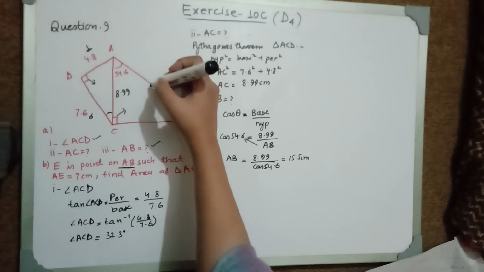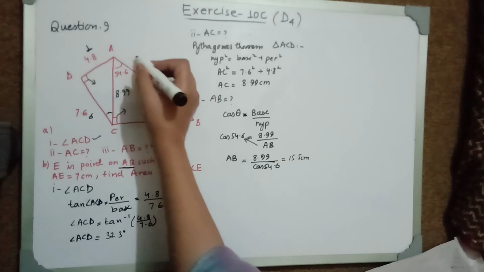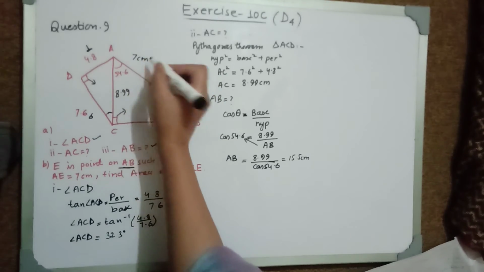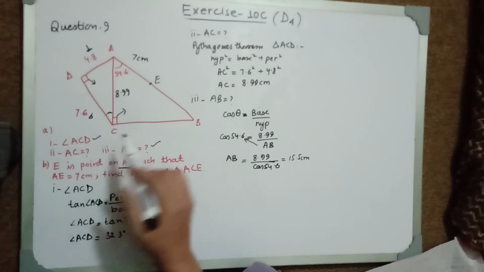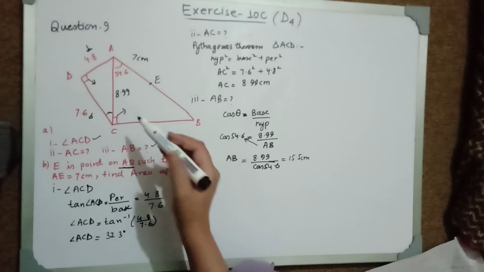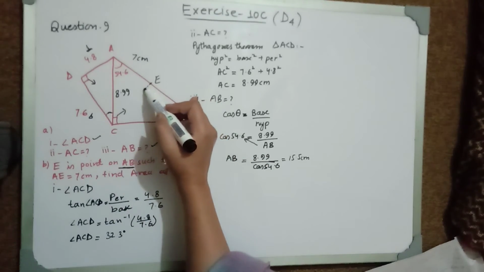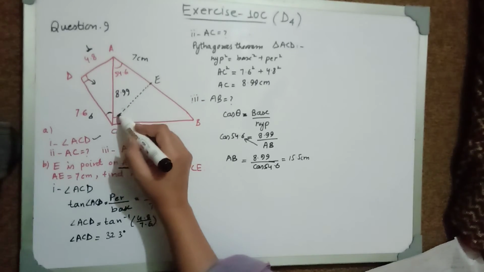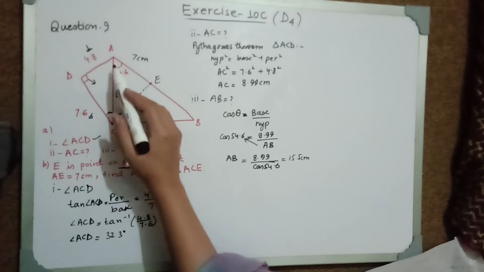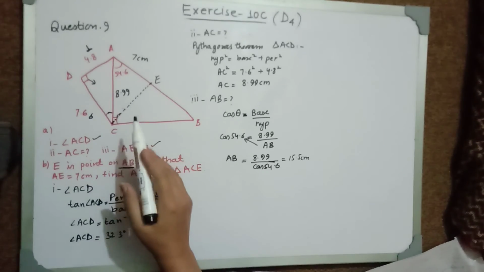If I take that point E anywhere, let's say this is the point E, then AE will be equal to 7 centimeters. Find the area of triangle ACE. We know the point A and C, so we can draw this triangle, ACE, by joining these three points. So we need to find the area of this triangle.